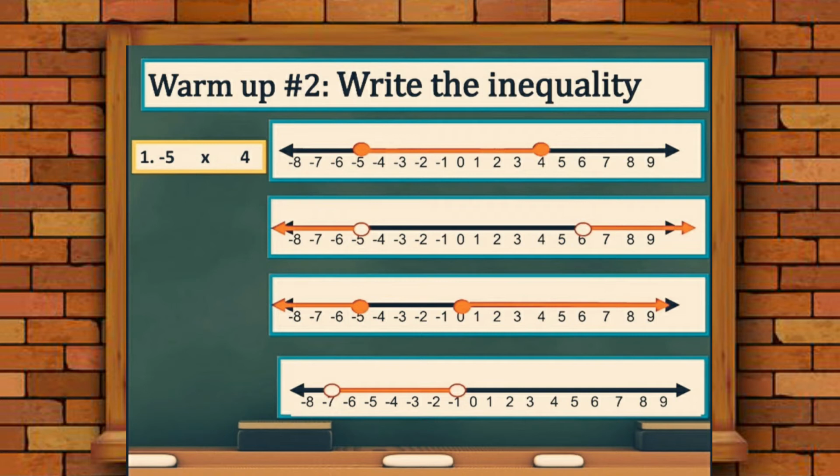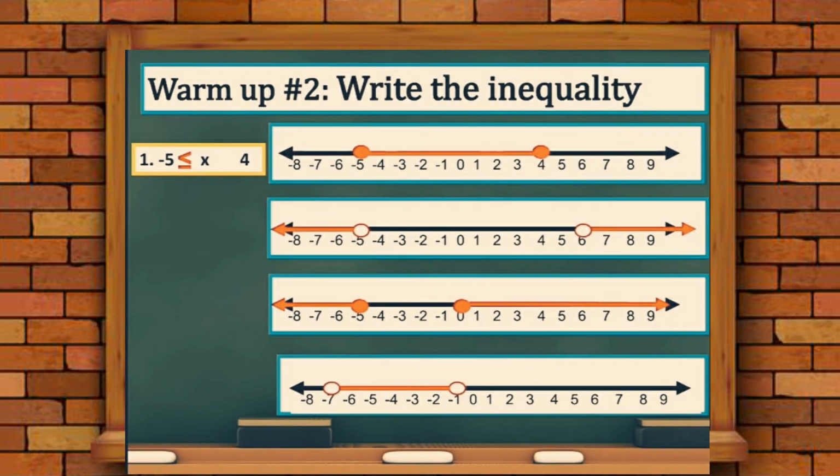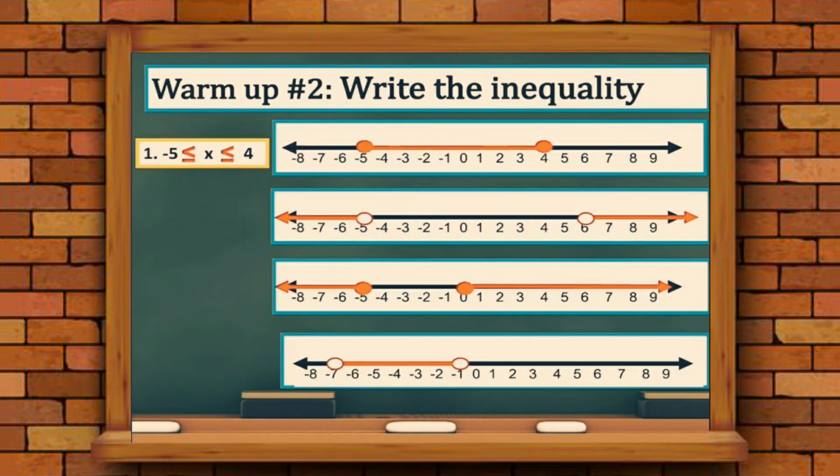That's why we will put less than or equal to. And after that, we will compare the value of x to 4. And as we can see, the value of x is less than or equal to +4. And that's why we will again put less than or equal to.